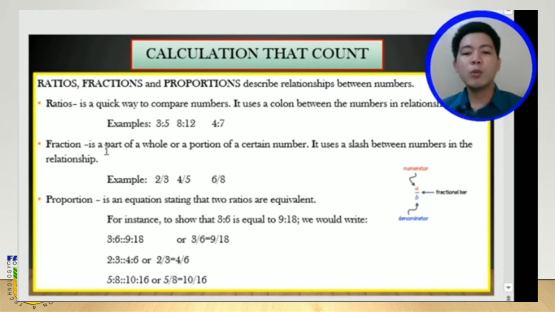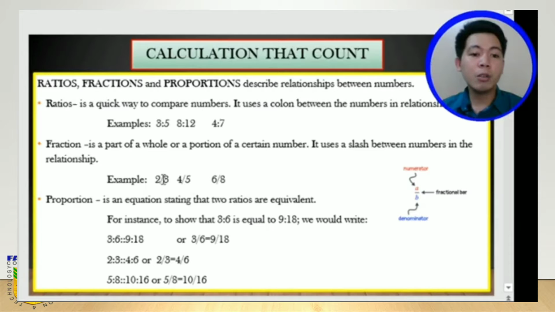Fraction naman, it is a part of a whole or a portion of a certain number. It uses a slash between numbers in a relationship. Magsislash ka dito kung sinulat mo ang numbers or fraction ng horizontal. We have here 2/3, 4/5, and 6/8. Kapag naman vertical yung pagkakasulat mo, syempre, involved dyan yung fraction bar. Yung nasa taas, yung numerator, sa baba naman yung denominator.